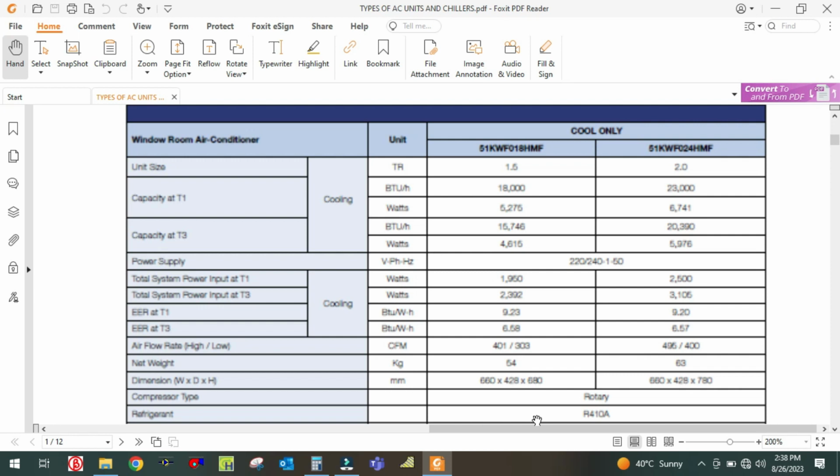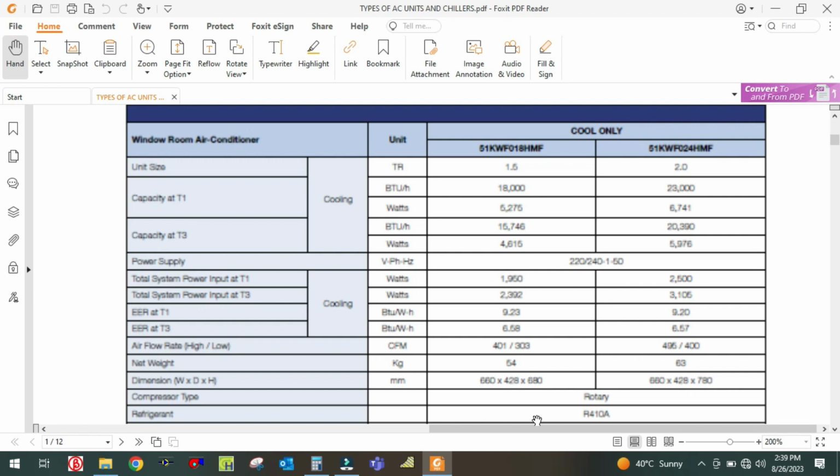But nowadays in most places we are using only R410 and R407. So I hope you guys learned about the Windows AC and its technical specification.